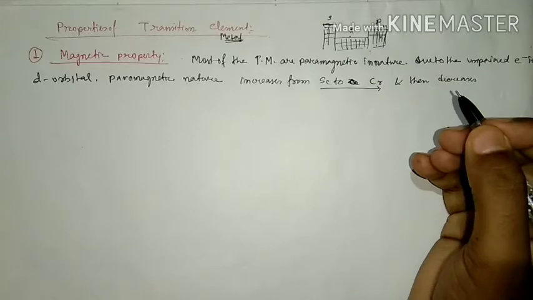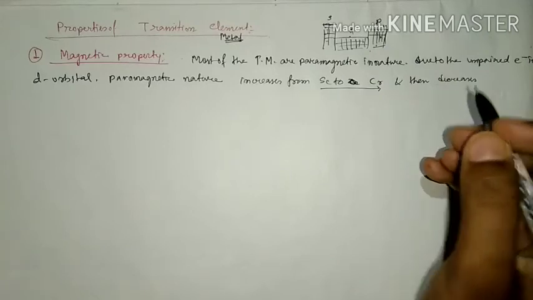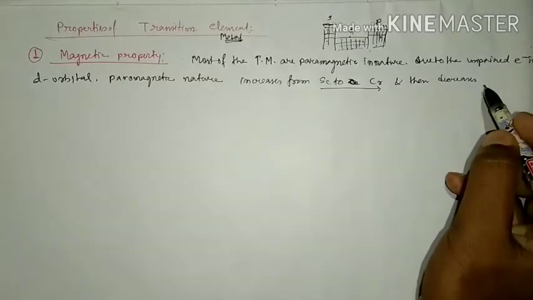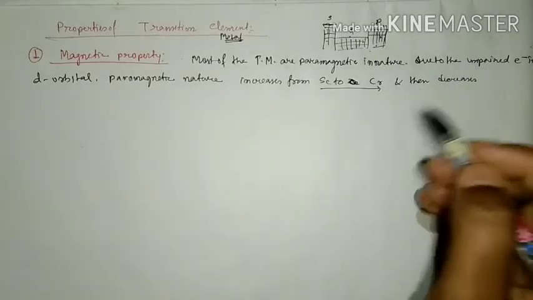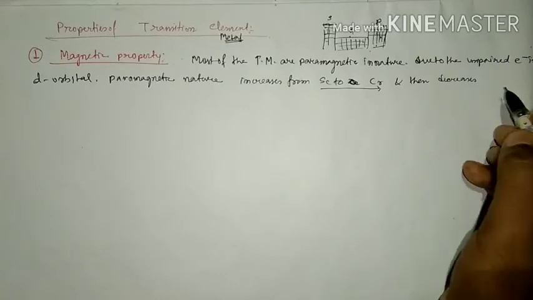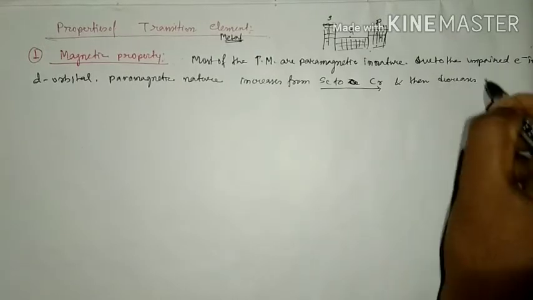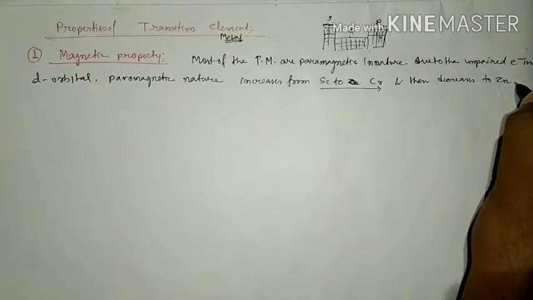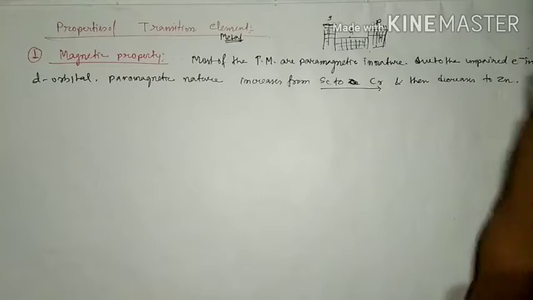That's why with the addition of extra electrons, that means the sixth electron in the iron, cobalt, nickel, it gets paired. That's why their paramagnetic nature decreases. Okay, and then decreases to zinc, because pairing of electrons takes place.